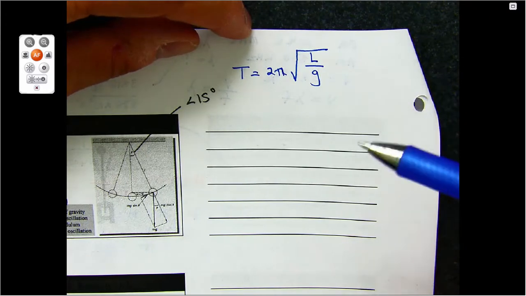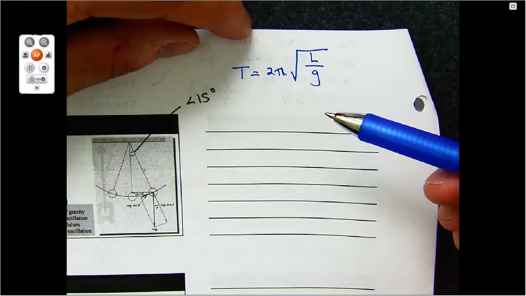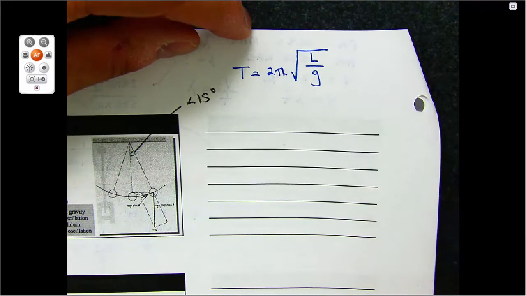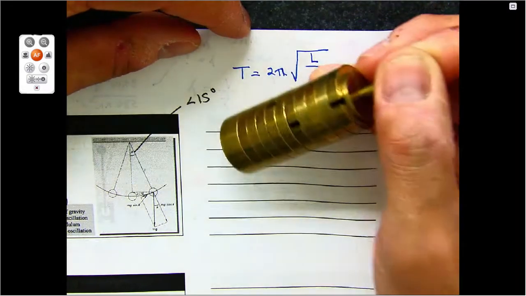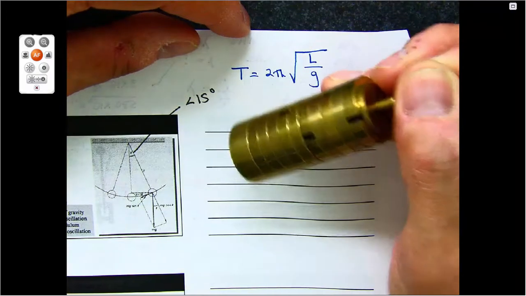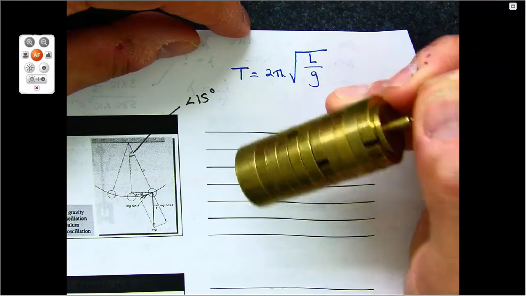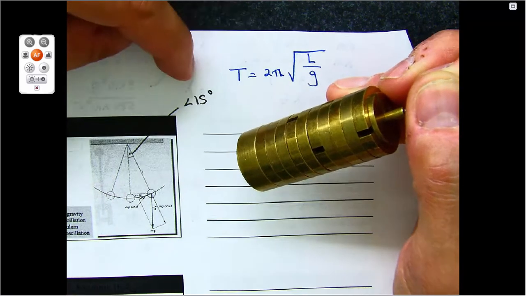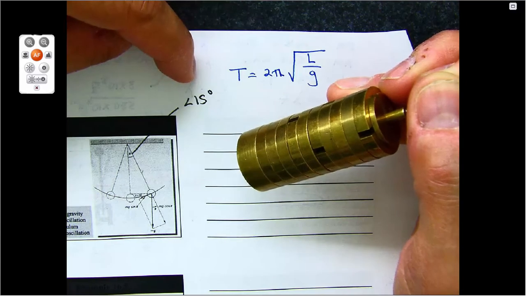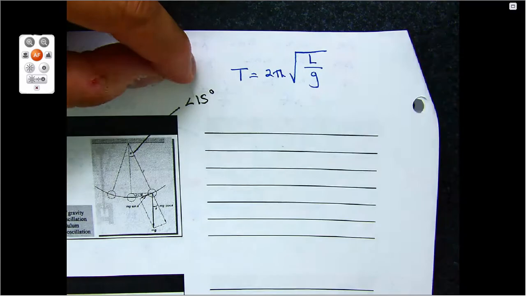Now notice what is not in this equation. There's no mass in our equation, and there's no angle in our equation. So it doesn't matter if you pull it back 5 degrees, 10 degrees, 15 degrees. So I want to show you that first.